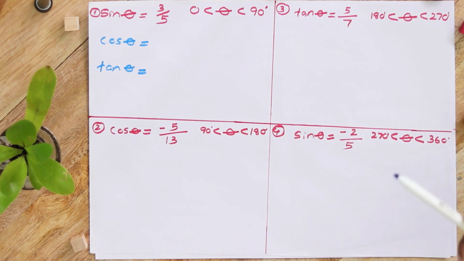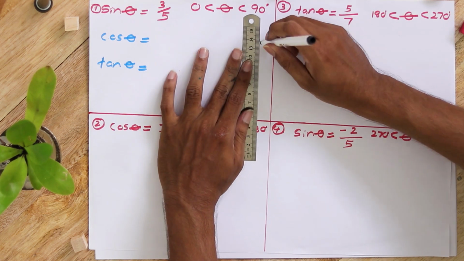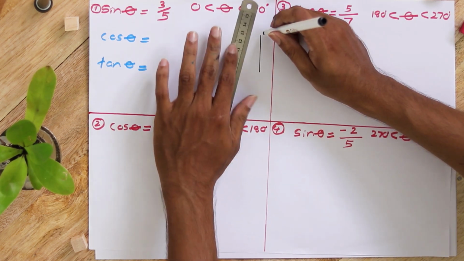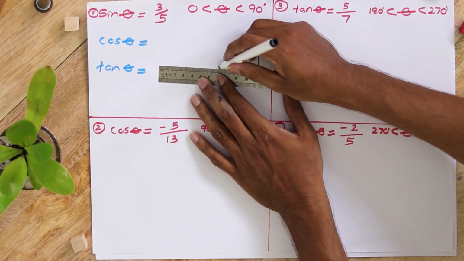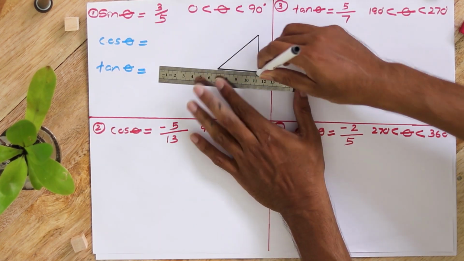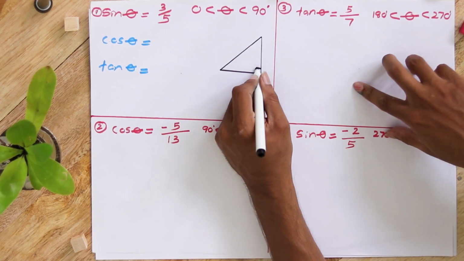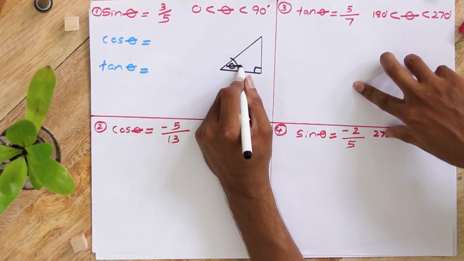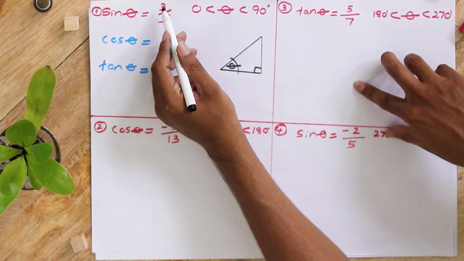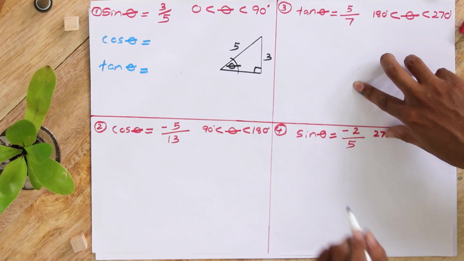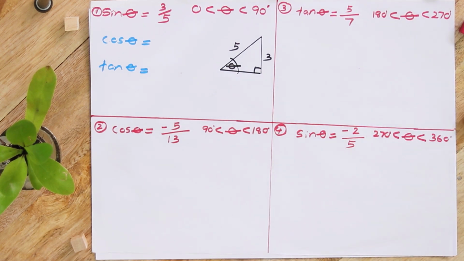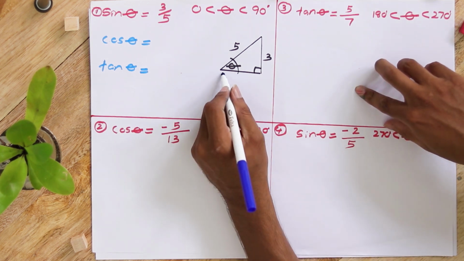And so now if you take a right angle triangle, if this is theta and sin theta means opposite side over hypotenuse, so this will be 3 and this will be 5, and using the Pythagoras theorem you can find this side.